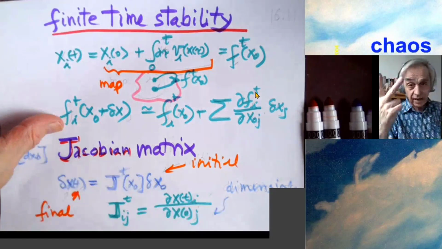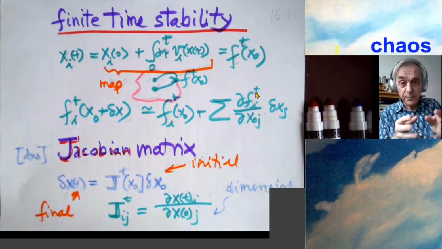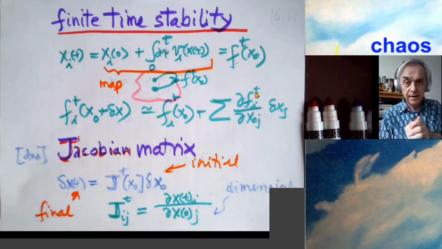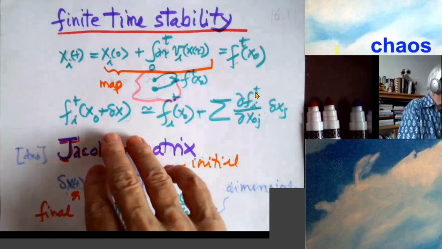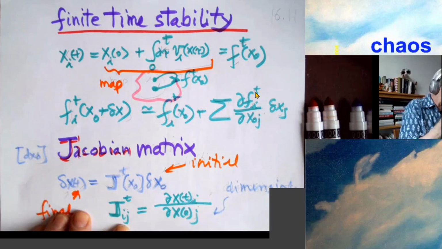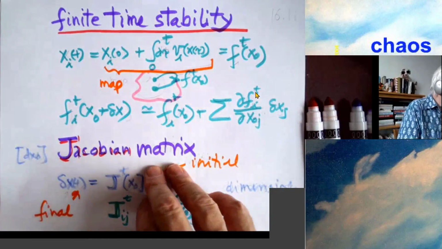So there are two kinds of objects. What happens at small instant in time, that's a local shear of your neighborhood, but you really care about what happens after finite time because you want to know whether your neighbors are still nearby or they run away, etc. So that's the object that you want. Now that object you don't have, you have velocity, but you have to get that object.